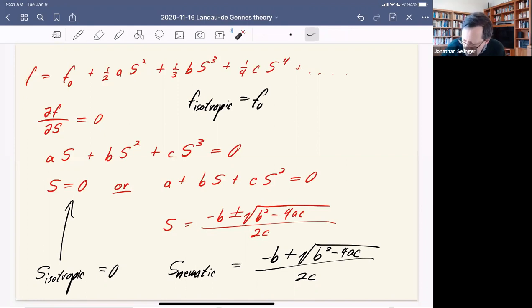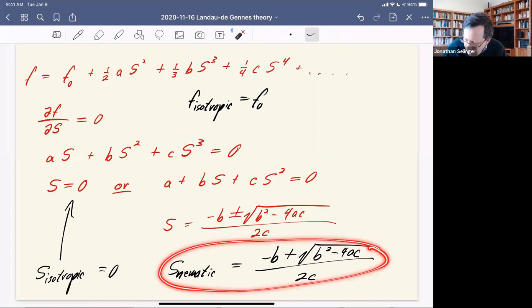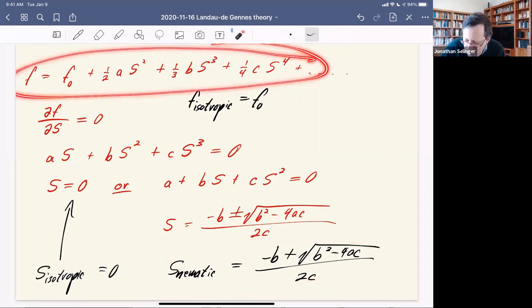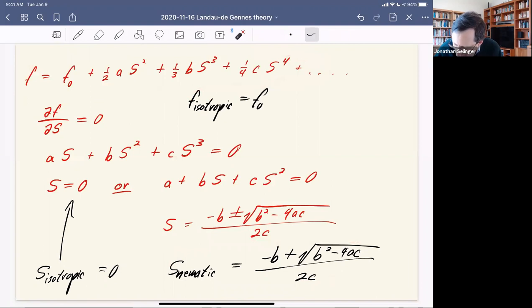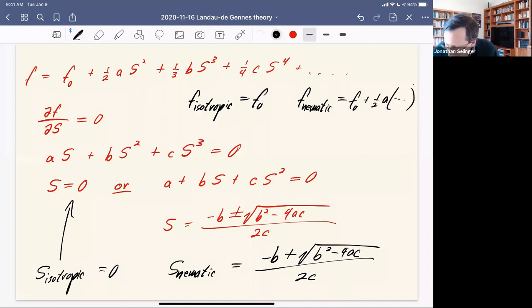If I put this thing into there, oh man, F nematic is equal to F0 plus 1/2 A times all of that stuff squared, plus 1/3 B times all of that stuff cubed, plus 1/4 C times all of that stuff to the 4th power.